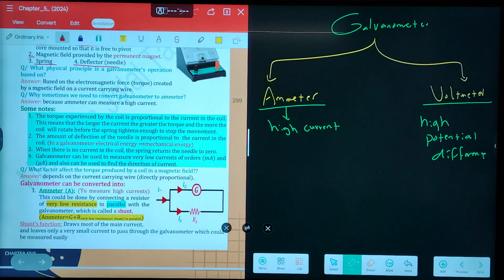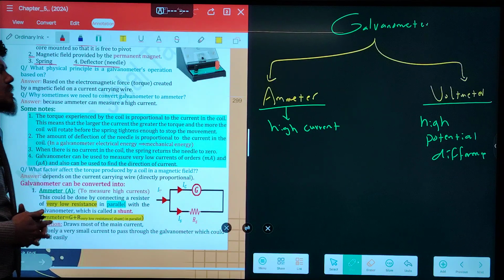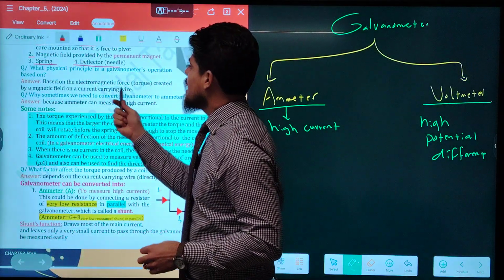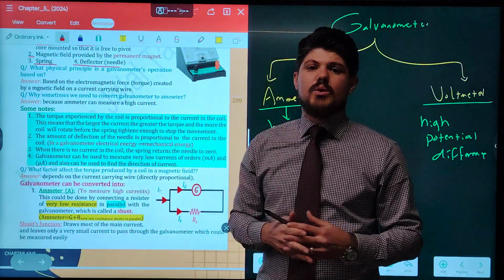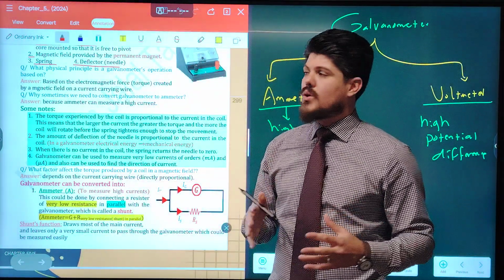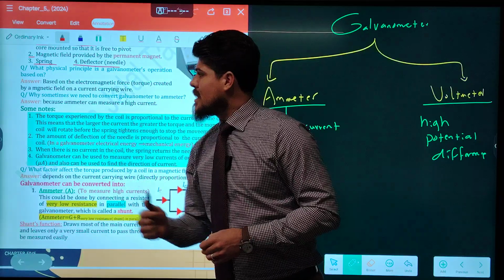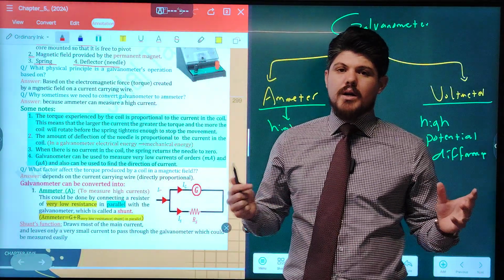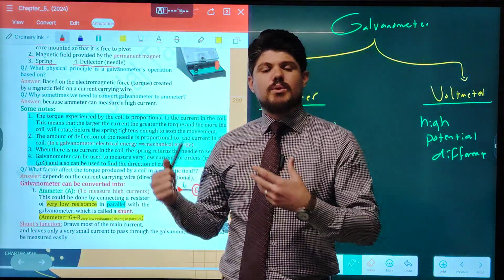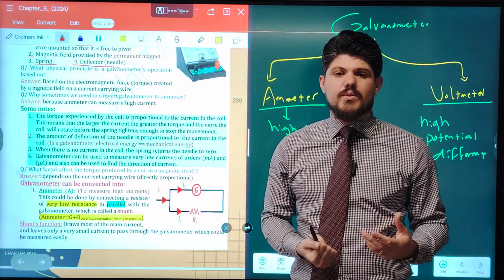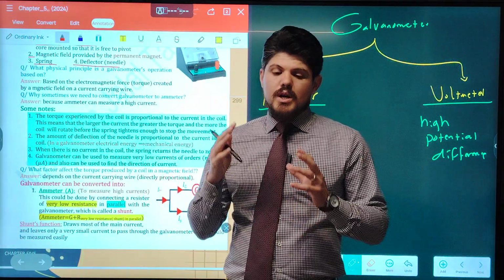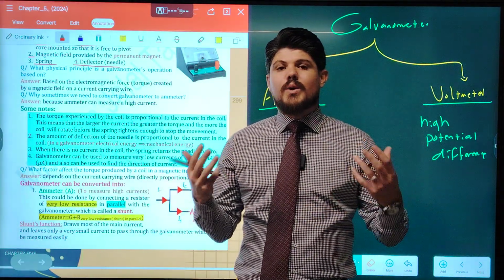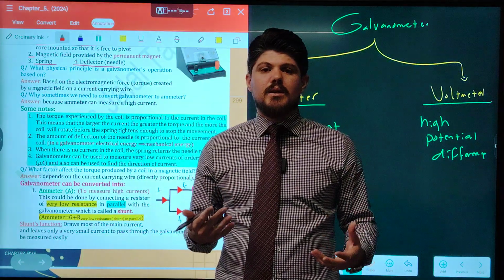What physical principle is the galvanometer's operation based on? The galvanometer operation is based on the electromagnetic force, or torque, created by a magnetic field on a current carrying wire. When the current is inputted into the galvanometer, we have a coil of wire, and also we have the magnetic field of a permanent magnet.